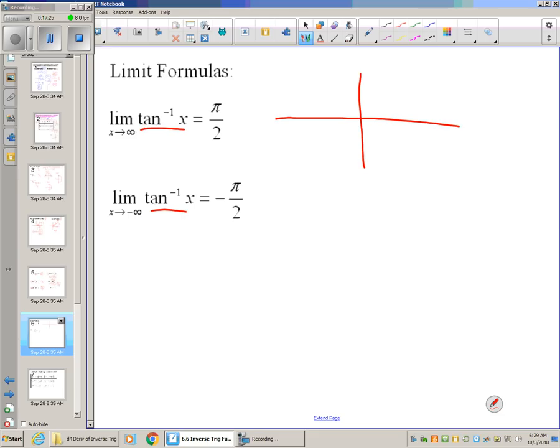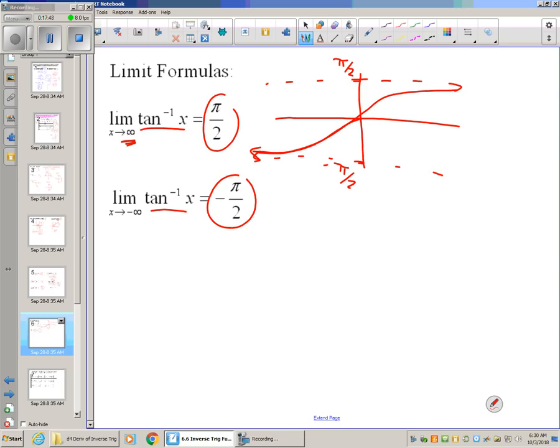Remember that our range is bounded between pi over 2 and negative pi over 2. Those are our horizontal asymptotes. As my tan inverse function goes to positive infinity, it is bounded by pi over 2, and as we go to negative infinity to the left, it's bounded by negative pi over 2.